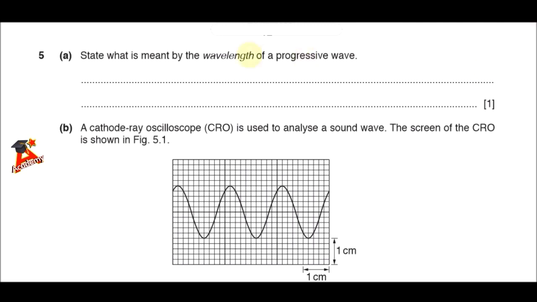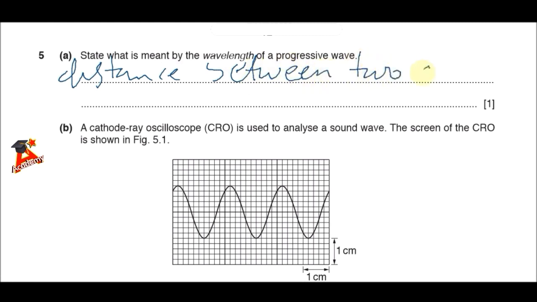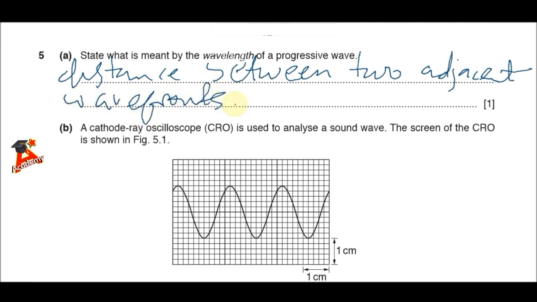So we can write: distance between two adjacent wave fronts. That's what you do to get that single mark.